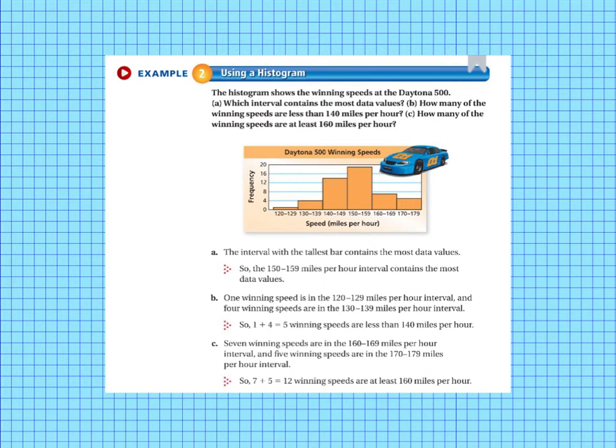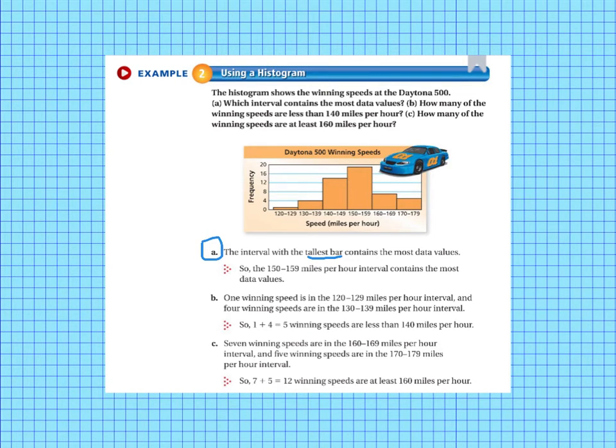Now we're going to take a look at example 2, and we're going to handle each separate letter separately. The histogram shows the winning speeds at the Daytona 500. Example 2A asks us which interval contains the most data values. So if we look down at the answer for A, it says the interval with the tallest bar contains the most data values.